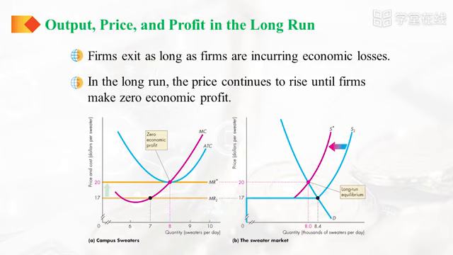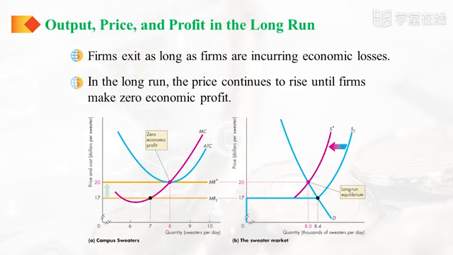So in the diagram, when price goes up to 20, the firms are not going to exit the market. At this point, they break even. Every firm makes zero economic profit. The exit stops.